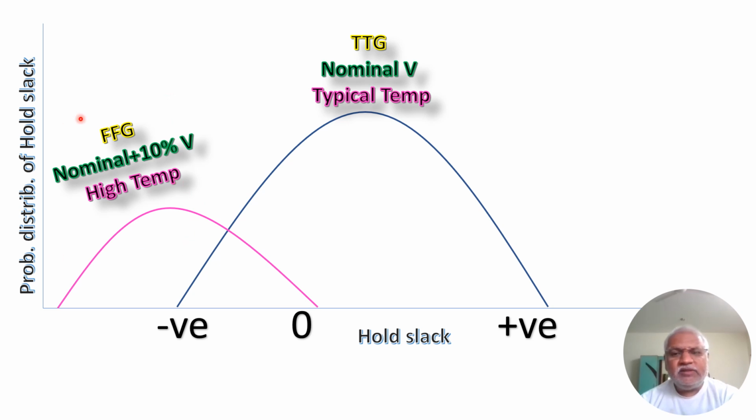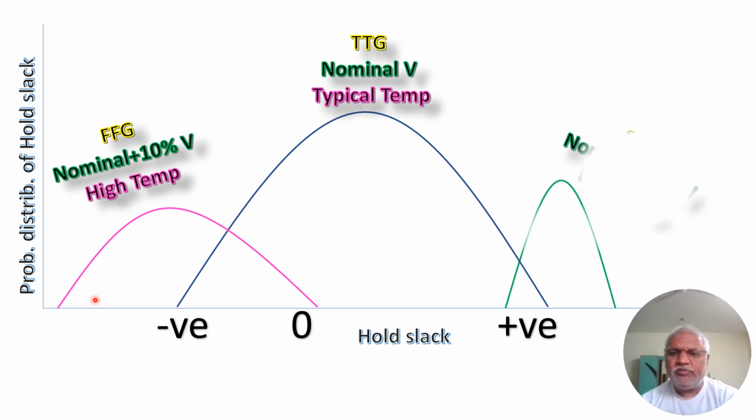The distributions will be different. Here there are more timing paths with negative slack. Assume this is the 0th value, these are the negative values and these are the positive values. Then most of them are at the negative values.